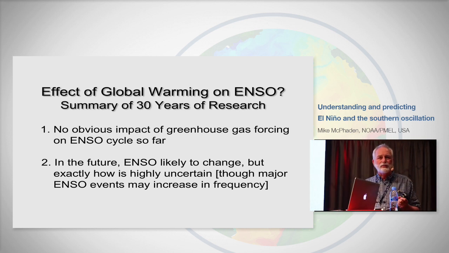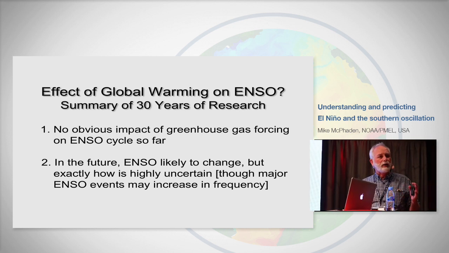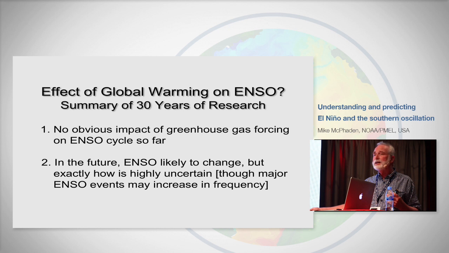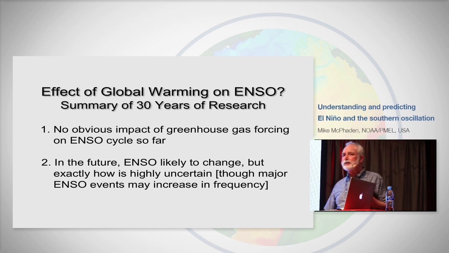But ENSO depends on a very delicate balance between a variety of different processes, all of which are affected by model resolution, parameterized physics, and how you actually couple the ocean and the atmosphere. And so when you look at ENSO variability in climate change models under various greenhouse gas forcing scenarios 100 years or more from now, they're all over the map. So there is a lot of uncertainty in this question.